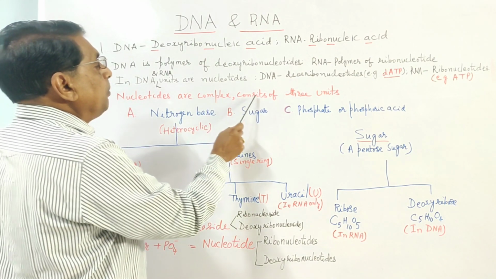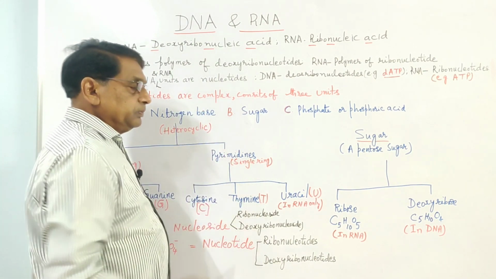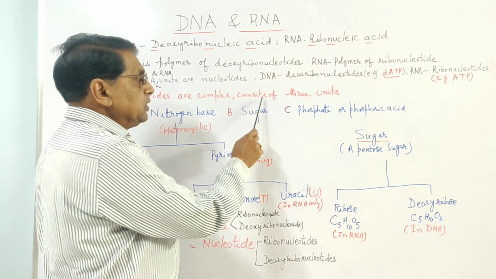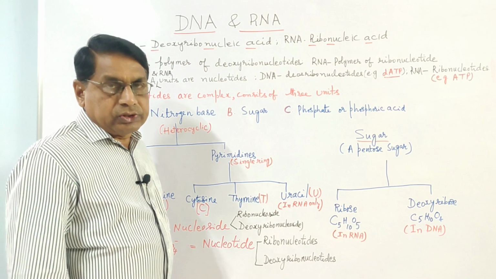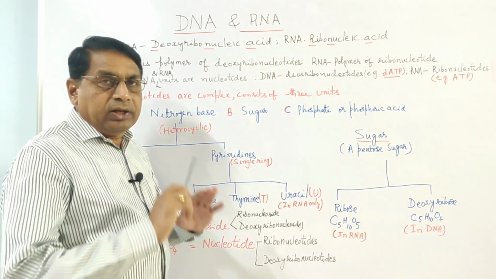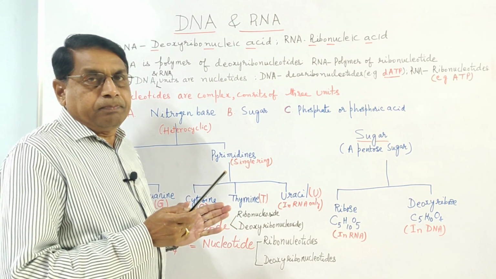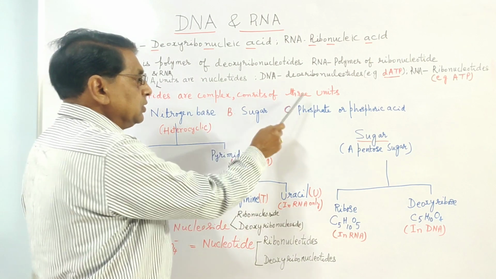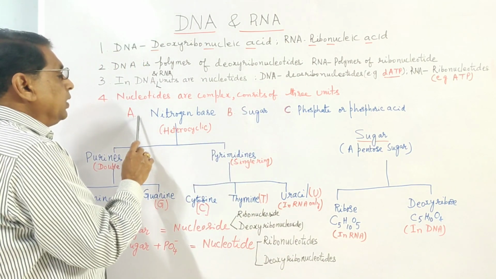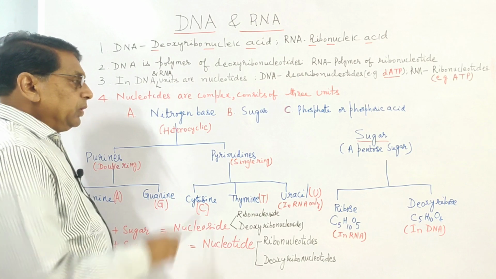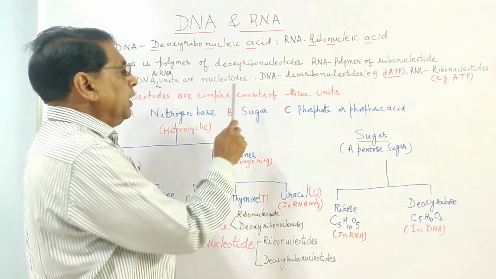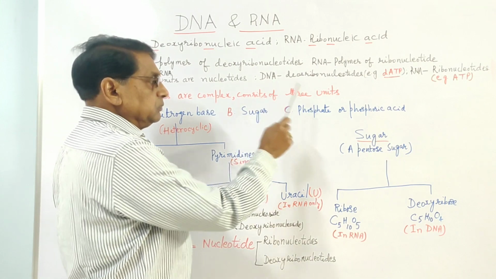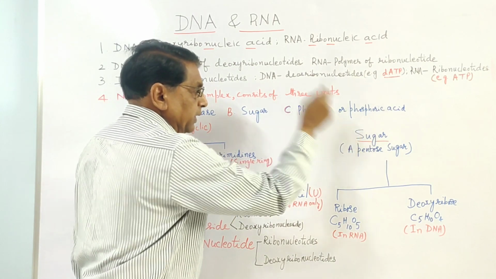Nucleotides are complex molecules consisting of three components, three different types of units. A nucleotide consists of a nitrogen base, a sugar, and a phosphate or phosphoric acid.